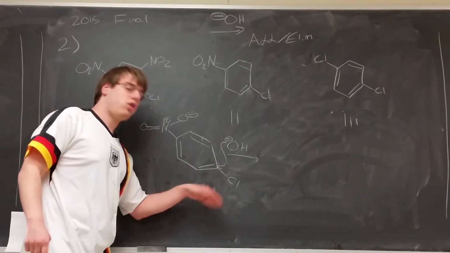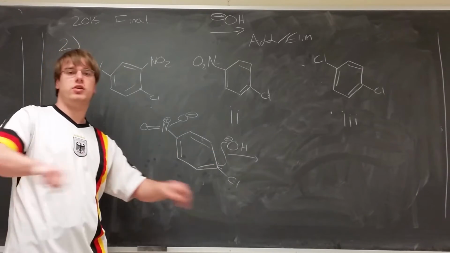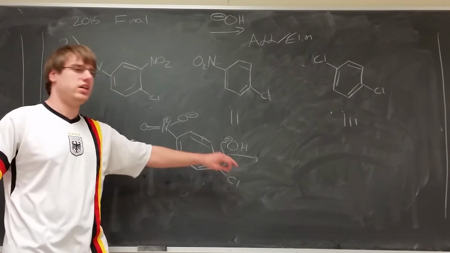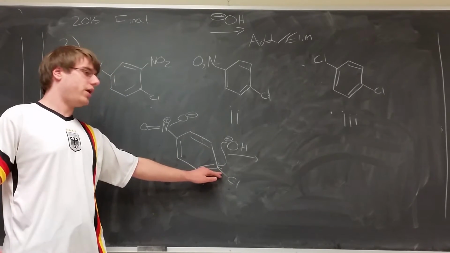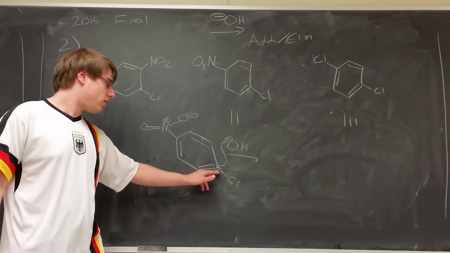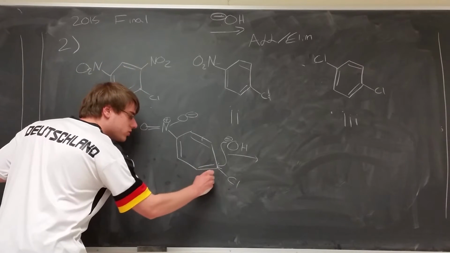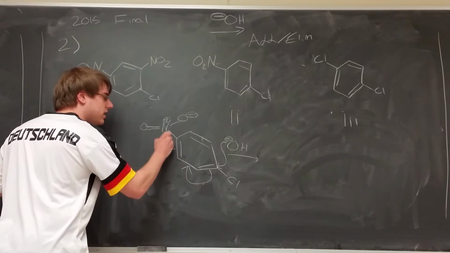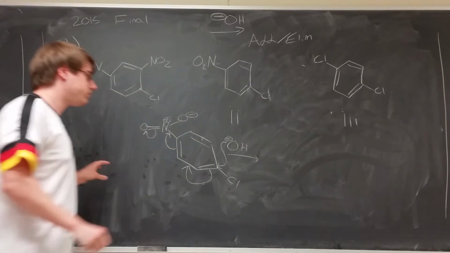Now, the chlorine won't just come off, because things that are on double bonds have fairly strong bonds. This chlorine actually isn't such a great leaving group as it is right now, because you never really want to break the bond of a chlorine or a hydrogen or anything of that nature that's connected to a double bond. So what actually will happen is this double bond is going to resonate around. Nothing's getting kicked out yet. And the electrons end up resonating into the NO2.